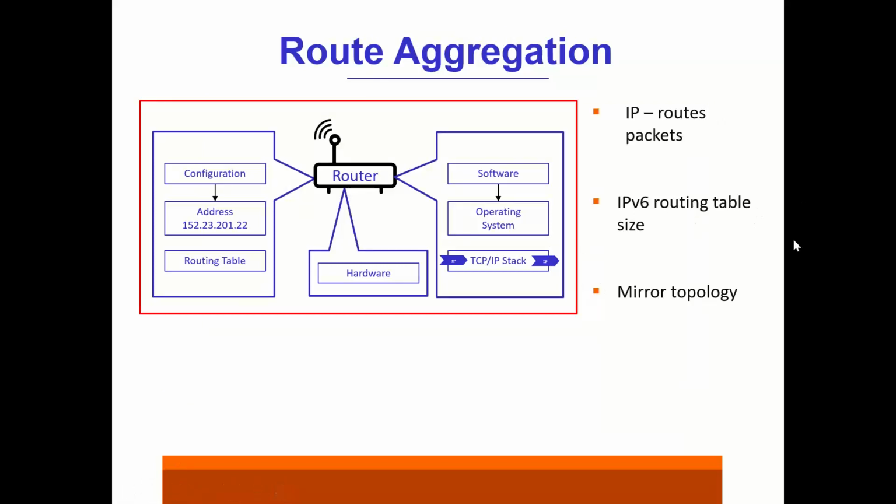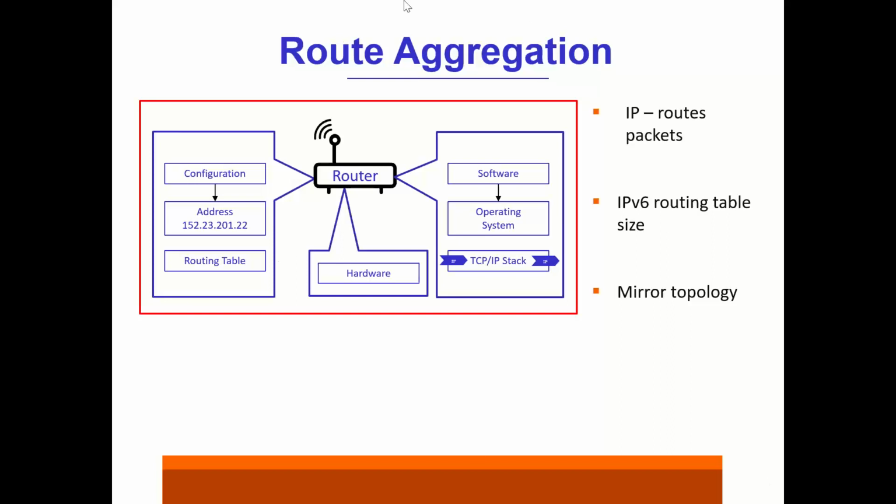Let's talk about route aggregation, because this is one of the things that people forget about until you go into production. It's like, yep, this is all a great theory, but when you really go into production, like, yikes, it fails.